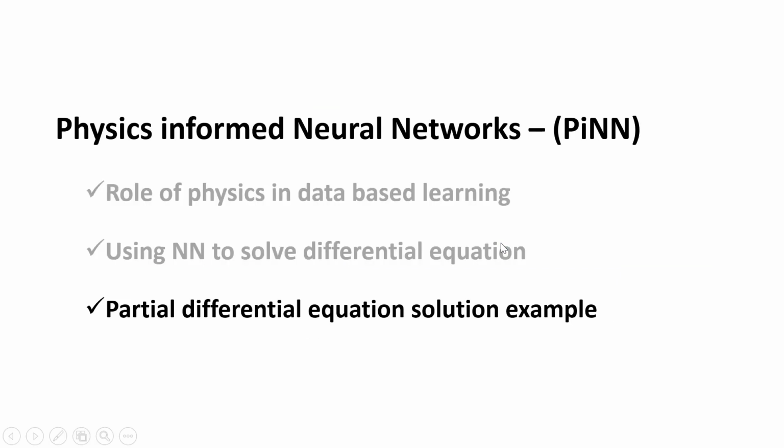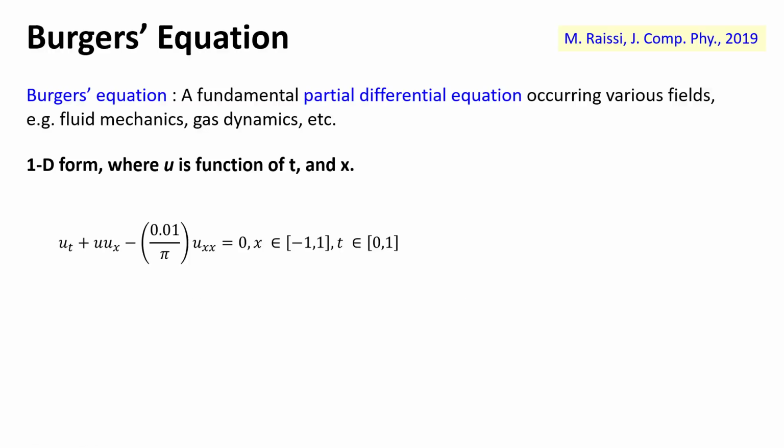So now let's look at how a partial differential equation is solved using a neural network. This is again from Raissi's work, and we have Burgers' equation, which is a fundamental partial differential equation occurring in various fields, for example, fluid mechanics, gas dynamics, etc. In 1D form, where u is a function of t and x, it is given by u sub t plus u u sub x minus 0.01 by pi times u sub xx equal to 0, where x can range between -1 and 1 and t between 0 and 1.